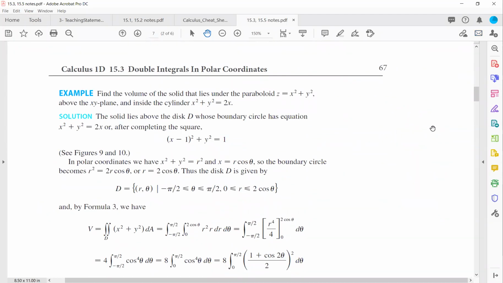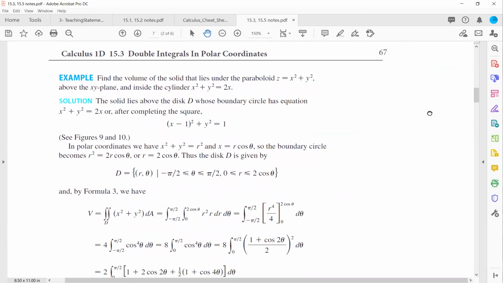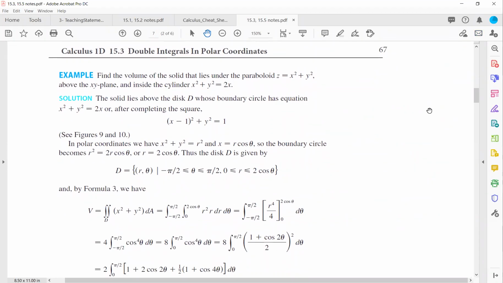Example. Find the volume of the solid that lies under the paraboloid z equals x squared plus y squared, above the xy plane and inside the cylinder x squared plus y squared equals 2x. Very well.